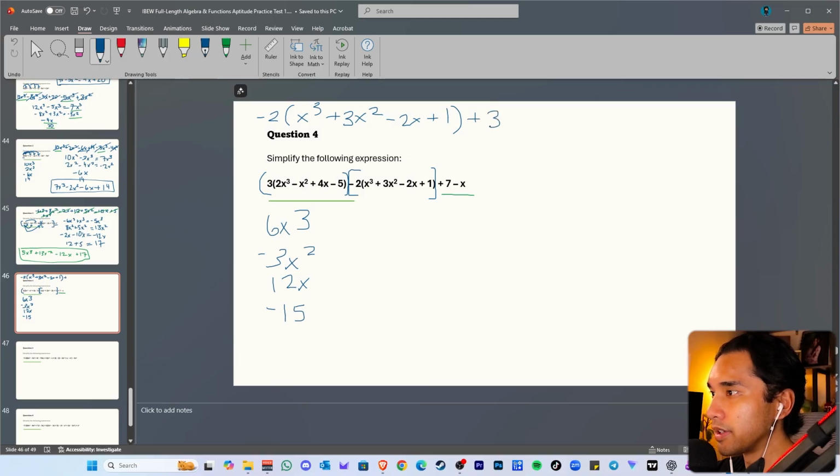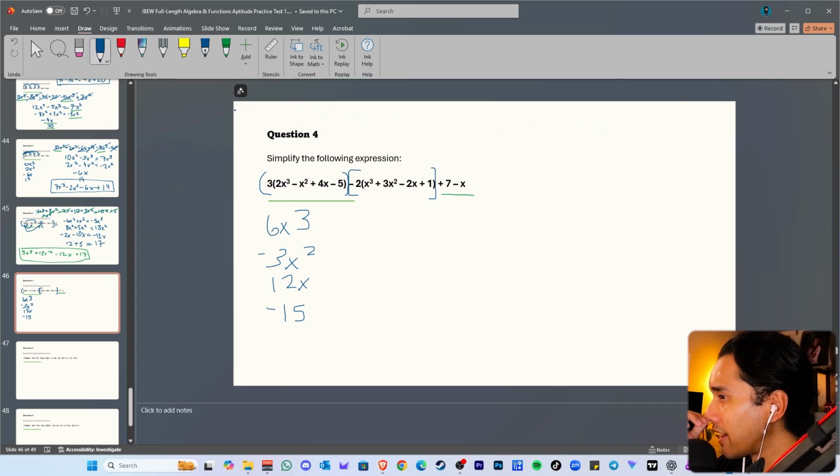Plus 3. And then 2x cubed minus x squared plus 4x minus 5. That's all we would do. And then the plus 7 minus x. But you don't need to do that. That is just to clear your mind and clarify a few things.